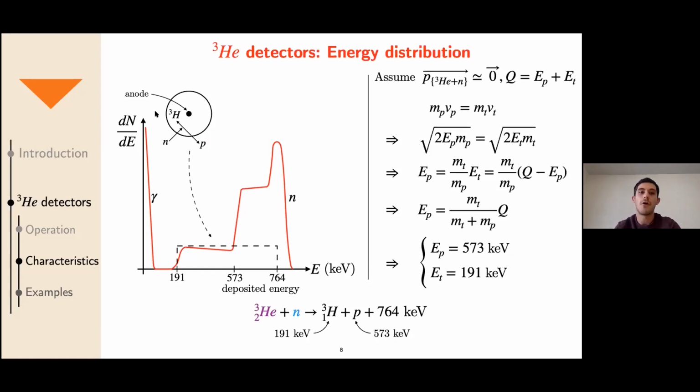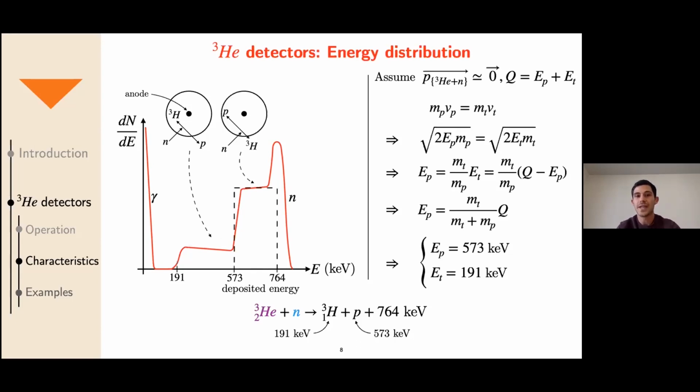And so we will measure all the energy of the tritium, so all the 191 kiloelectronvolt, but only a part of the 573 kiloelectronvolt of the proton energy. And so we are in this region of space. We are measuring all the energy of the tritium, but only a part of the energy of the proton.